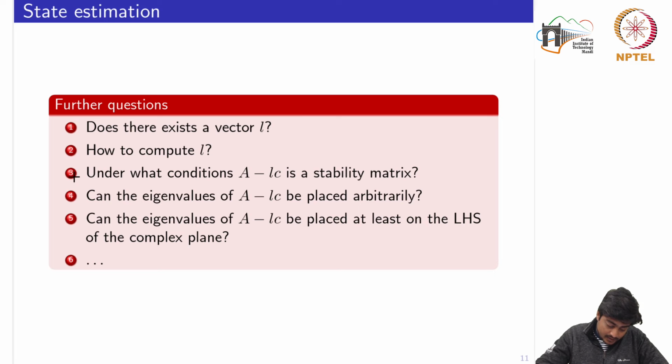Now this is related to the third part. The fifth: can the eigenvalues of A minus LC be placed at least on the left hand side of the complex plane? There are further questions also, which we will see as we go ahead into the lectures.